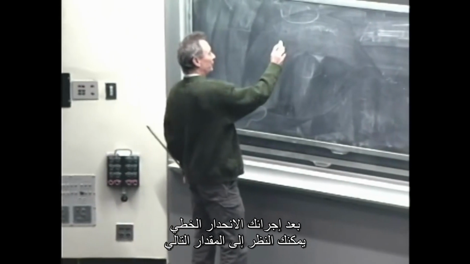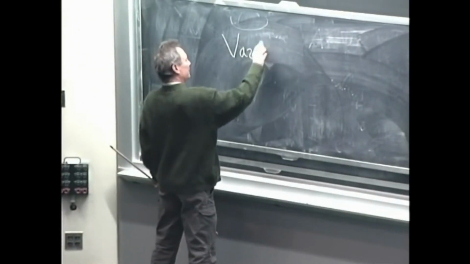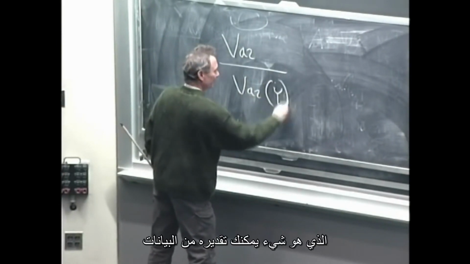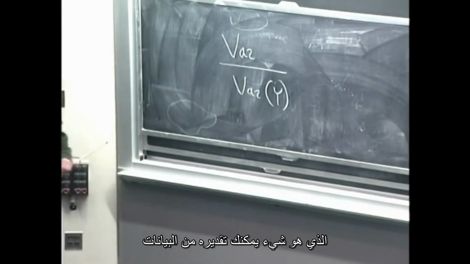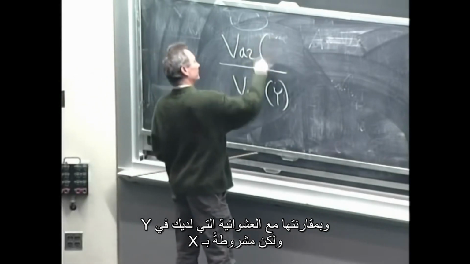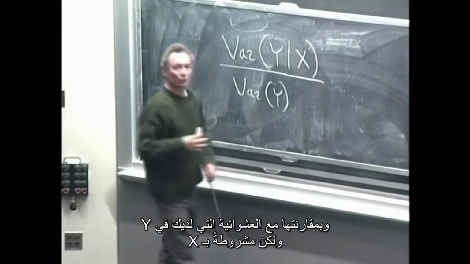After you do your linear regression, you can look at the following quantity. You look at the variance of y, which is something that you can estimate from data. This is how much randomness there is in y, and compare it with the randomness that you have in y, but conditioned on x.